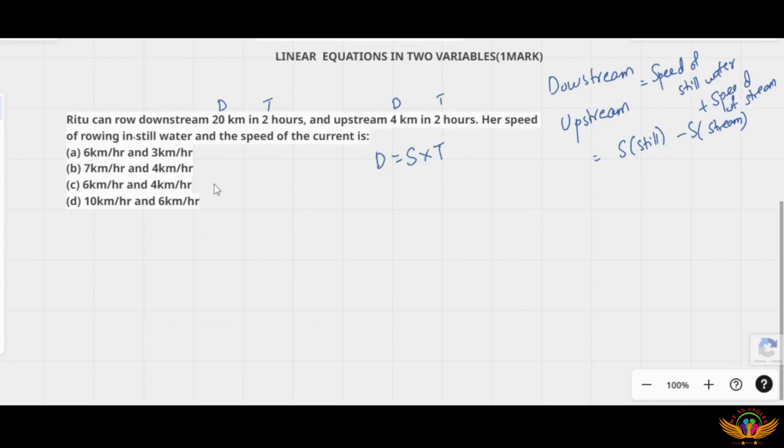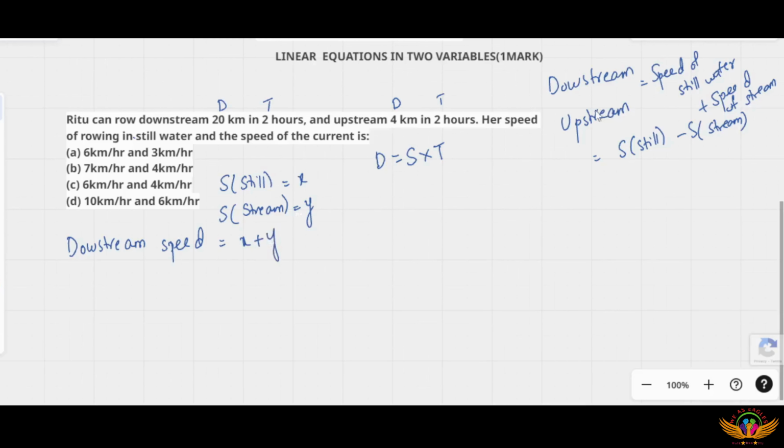So we are assuming that the speed of the still water must be x and the speed of the stream or current will be y. Now let us go with the downstream speed, that is equal to x plus y.